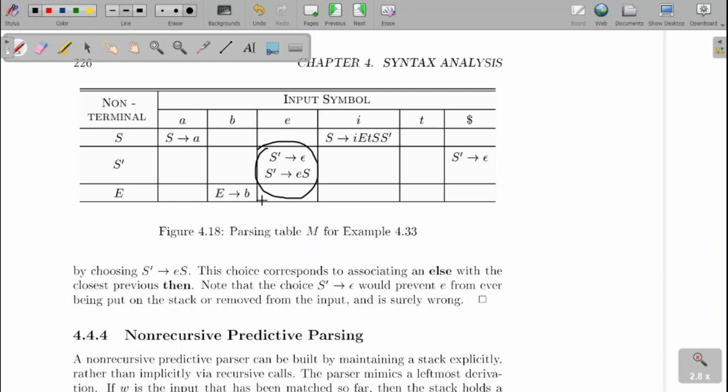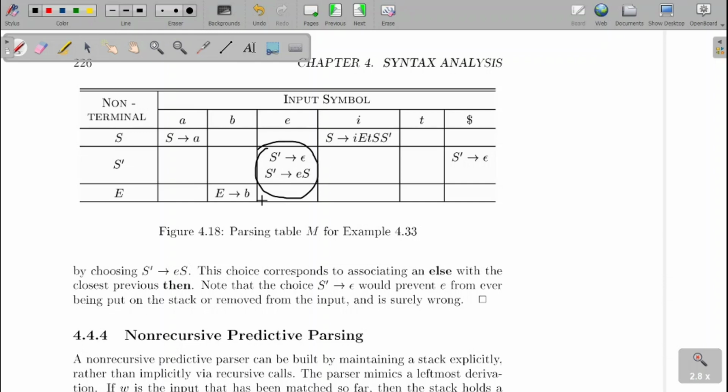The non-recursive predictive parsing we will take up in the next class. In the next session, we will continue with the same top-down parsing and go for the algorithm for non-recursive predictive parsing, which uses this predictive parsing table.